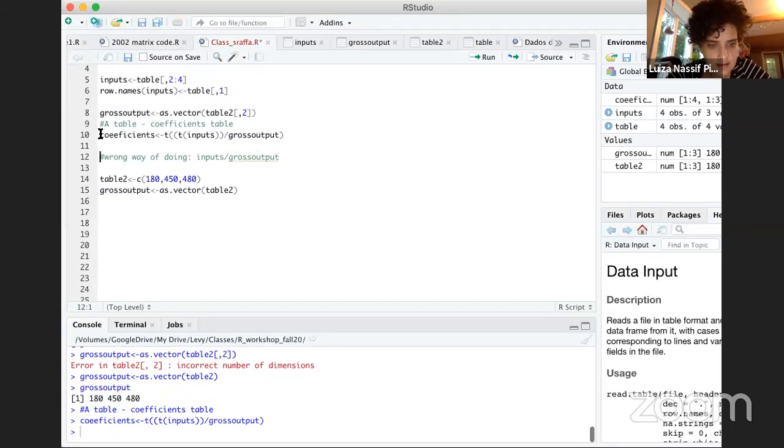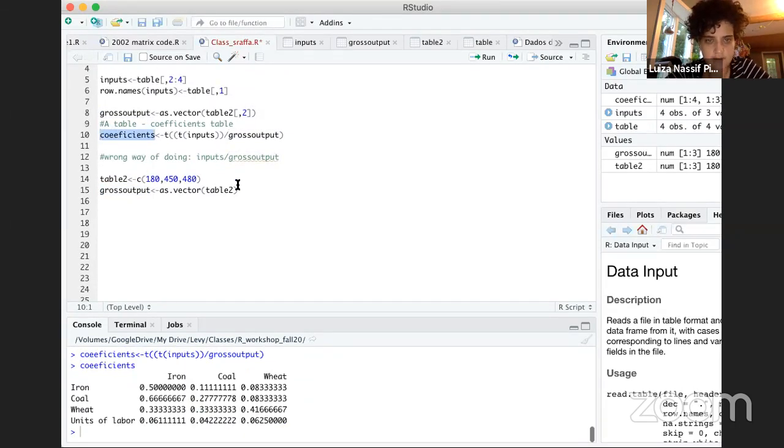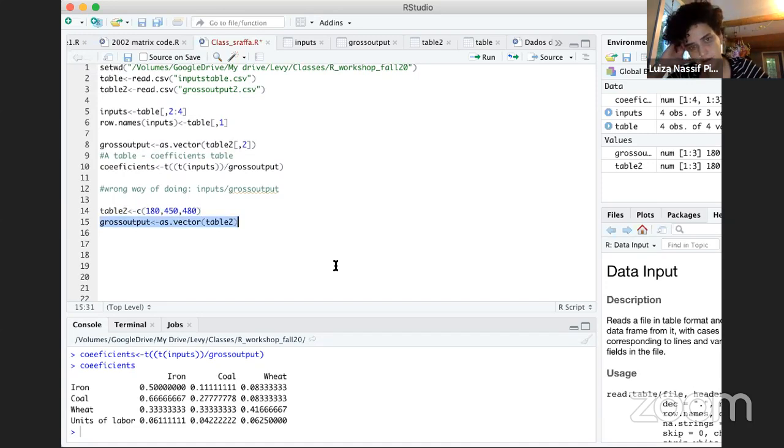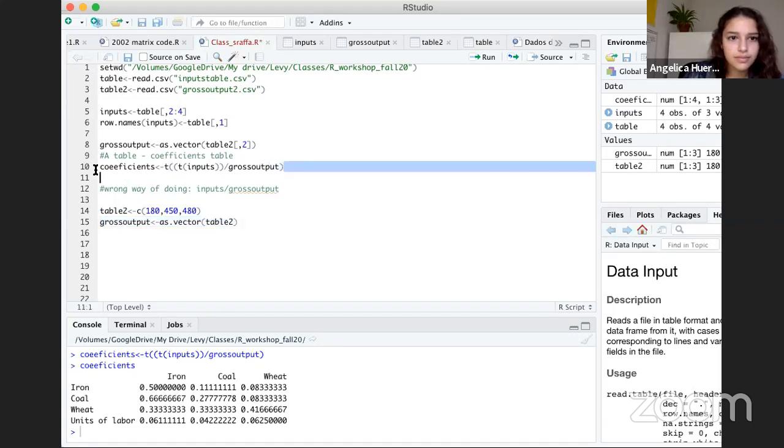And then let's see if this also works. So substitute this part. Lines 3 and 8, instead of lines 3 and 8, go with line 14 and 15. Thank you, Lisa. So let's do that.